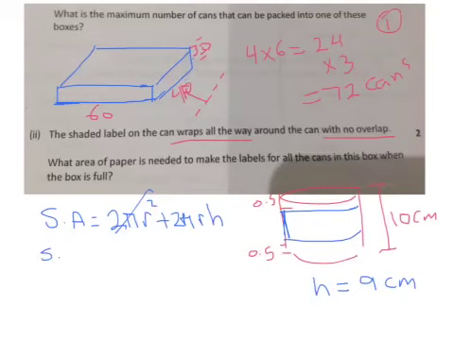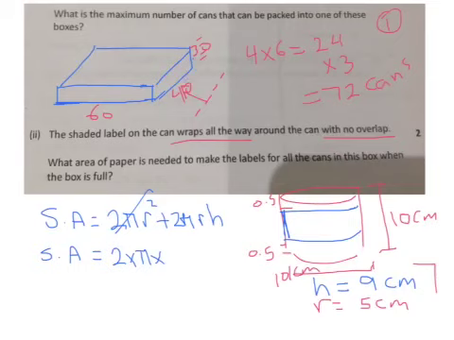Therefore, the shaded label should cover only 2 times pi times the radius times the height. They were given the diameter, which is 10 centimeters, so students had to be careful to divide that by 2, which gives you 5 centimeters. Some of them missed these two points.